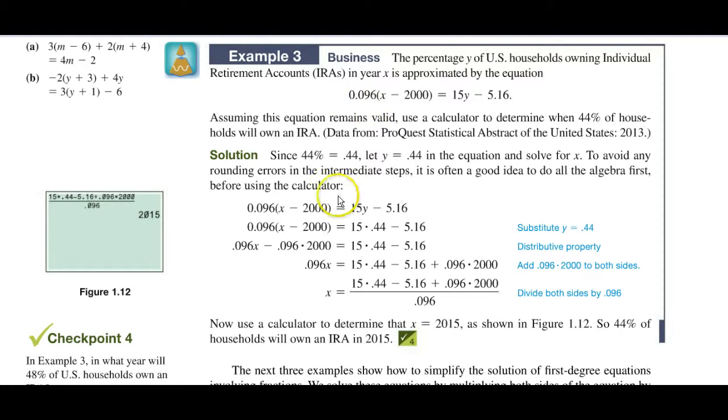So, again, the series of steps. I would have gotten rid of the decimals, but I see they're not doing that here. And again, isolating the x, eventually solving for it, and then using your calculator, of course, to add all these together and find a value for x.